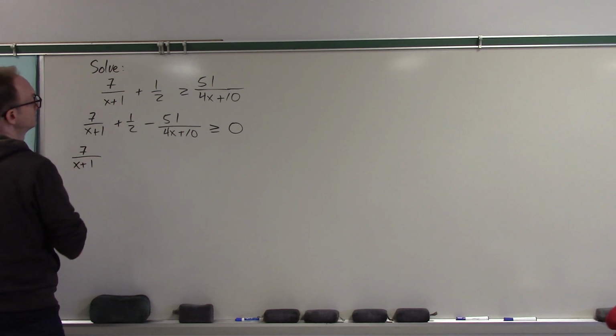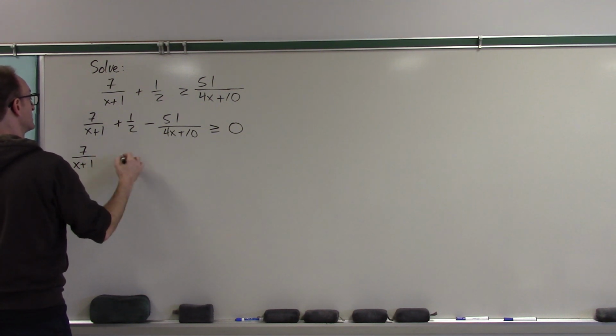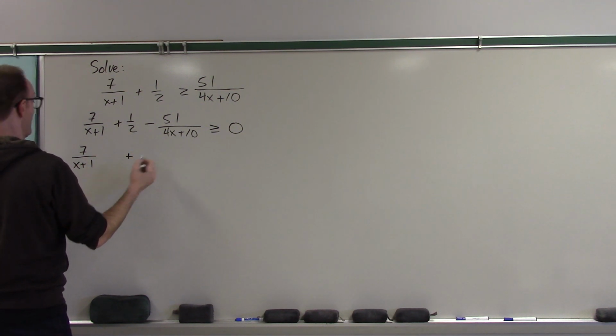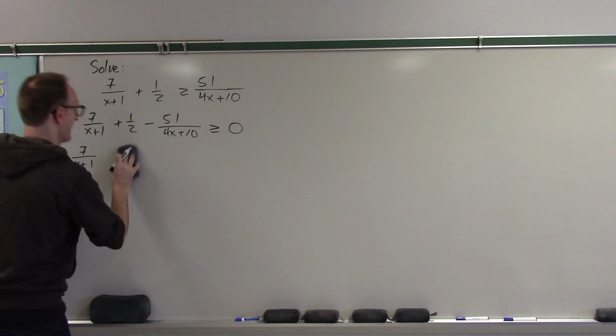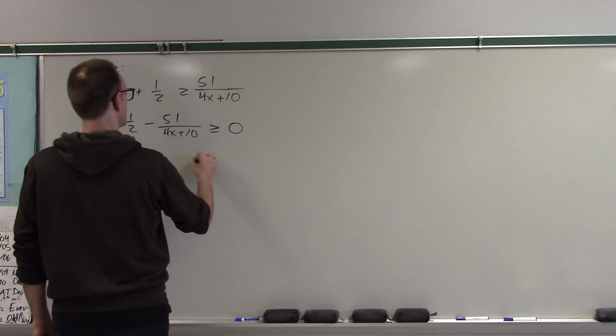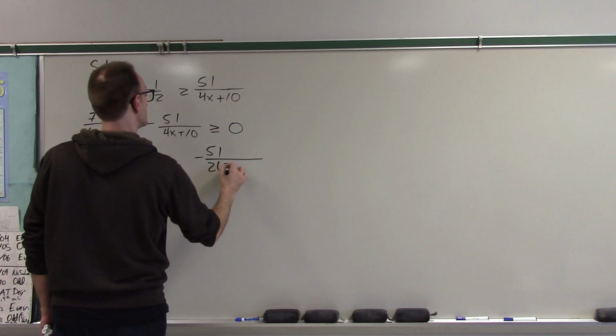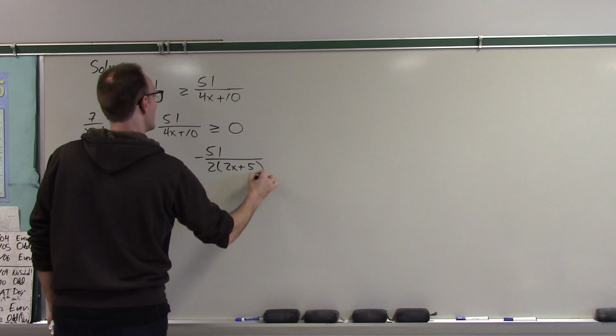I'm a math teacher, so I'm going to do this in the math teacher way, which is to write everything all out nice and clearly. Here you can realize that that's 2x plus 5.